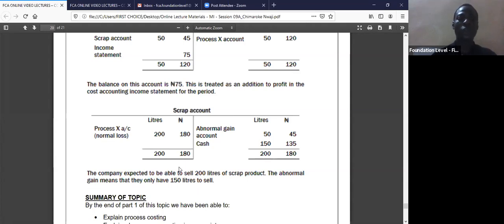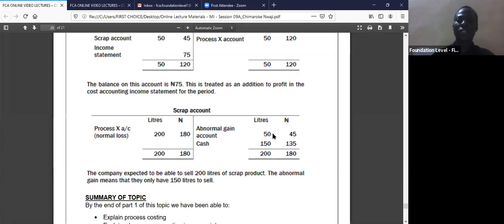So companies are expected to sell 200 liters of scrap products. The abnormal gain means that they only have 150 liters to sell. That is what it means. Normally they are expecting to sell 200 at scrap value, but they only have 150 to sell because of abnormal gain.